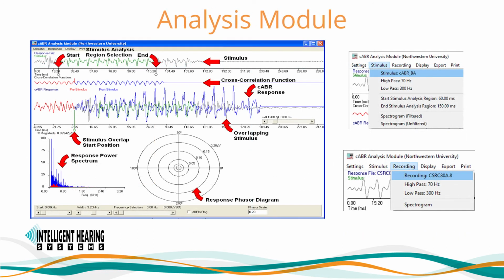The features of this module include the plot of the stimulus signal with access to the stimulus spectrogram, filtered and unfiltered, user-defined selection of the stimulus start and end analysis region for cross-correlation measures, cross-correlation stimulus-to-response function graph and table, selection of the stimulus and response high-pass and low-pass filter settings, which can be linked and saved, the plot of the FFR response signal, optional overlapping stimulus signal on response, response power frequency spectrum for the fundamental frequency and harmonic formant magnitude and strength analysis, response phaseogram for phase information, response spectrogram, and export utilities.